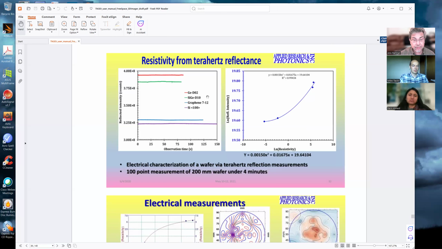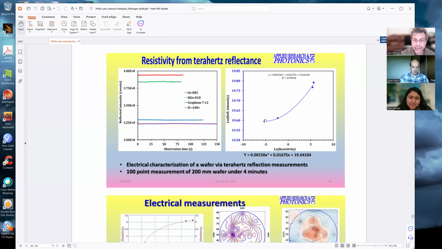Then we had a silicon germanium solid solution whose conductivity was known, as well as a germanium sample, also known. Now if we measure all 4 of them, based on their level of conductance, the reflected intensity is different. So we take the average for each of these.